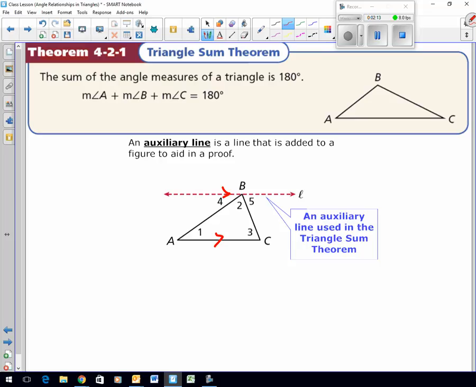What are 1 and 4? Angles 1 and 4 are called alternate interior angles, compared to these two parallel lines. That's why auxiliary lines are important.